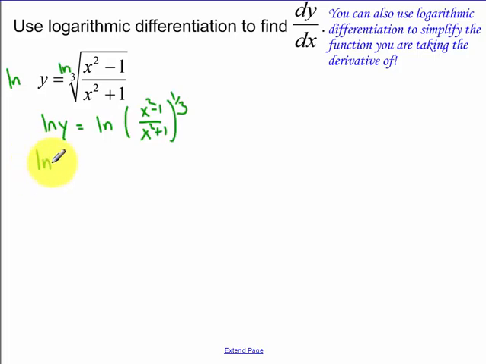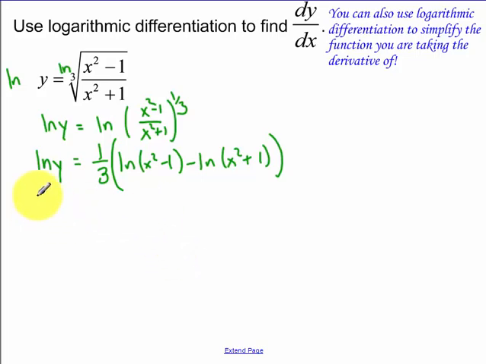I can bring that power down in front and then even expand that more. Expanding this when you're dividing would be ln of x squared minus 1 minus ln of x squared plus 1.